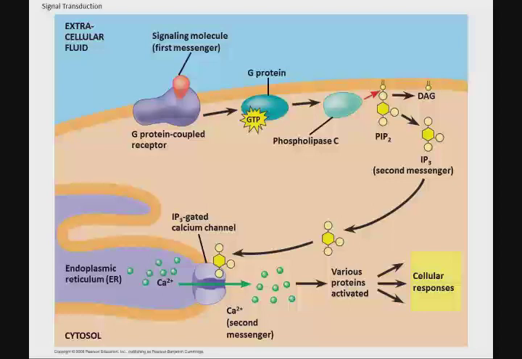So we see how all these things come together inside the cell and out. So once that IP3-gated ion channel is activated, calcium is allowed to move down its concentration gradient out of the ER, and we get this wave of calcium in the cytoplasm. And that can activate all kinds of proteins.